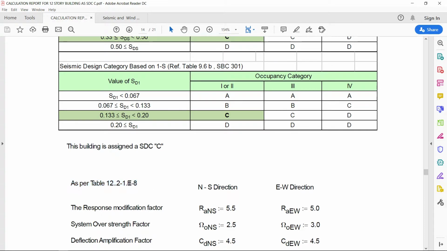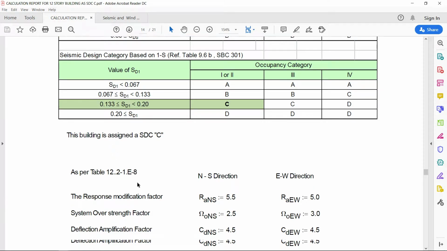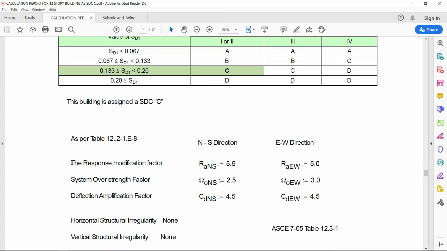Once seismic category C is defined, then we have to look into a table given in chapter 12, and as per table 12.2-1 part E-8, the response modification factor is given, overstrength factor is given, and deflection amplification factor is given. So I just took those values from the table and reproduced them over here. In north and south direction, value of R is 5.5. In east and west direction, value of R is 5 only.